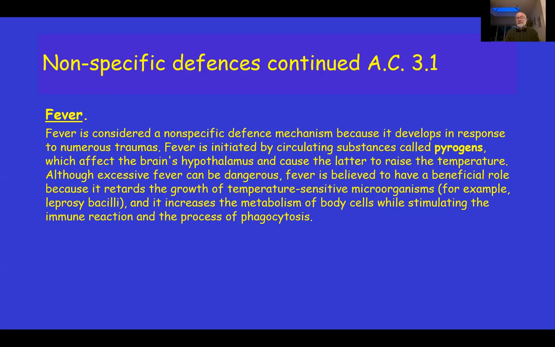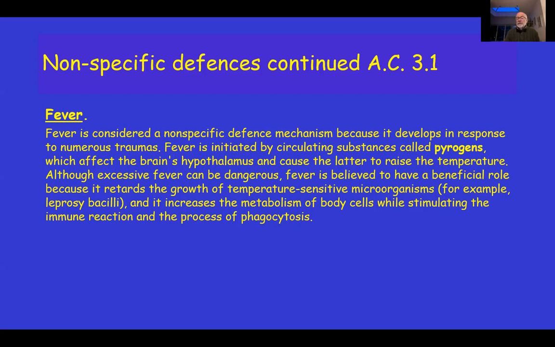Although excessive fever is dangerous, a fever is believed to have a beneficial role because it retards the growth of temperature-sensitive microorganisms, such as leprosy bacilli. Leprosy can cause rotting of the flesh, but also deforms limbs, especially in bones that you would see in some leprosy patients.